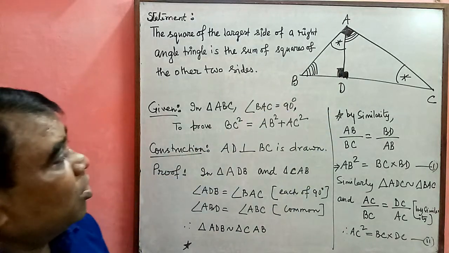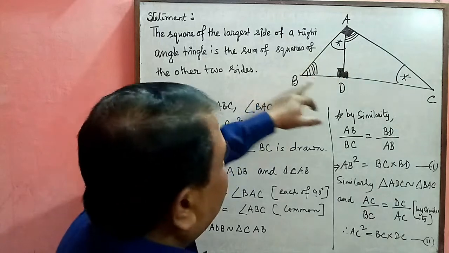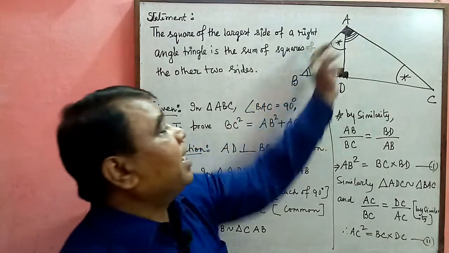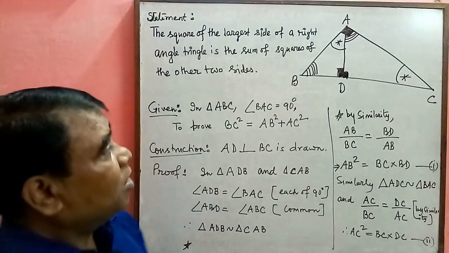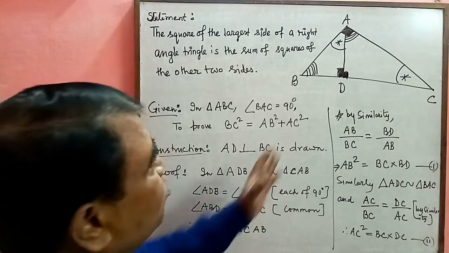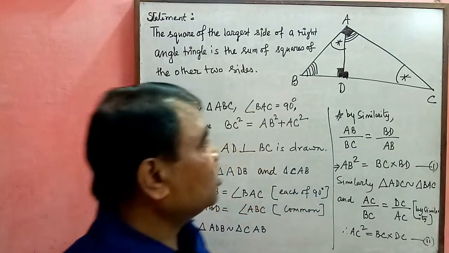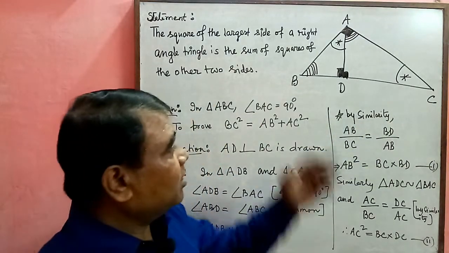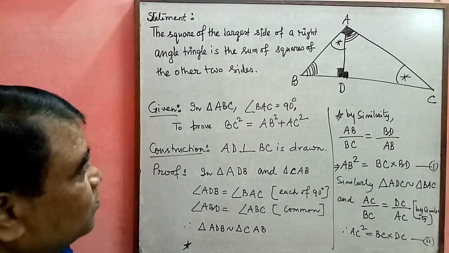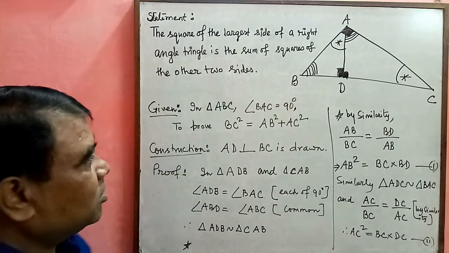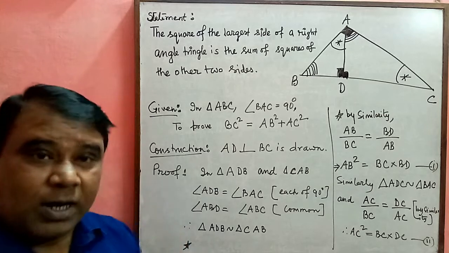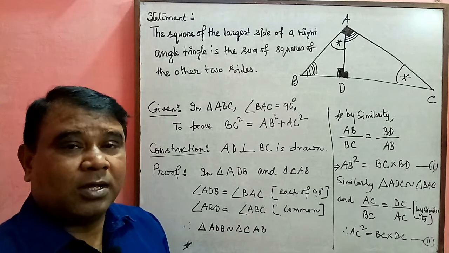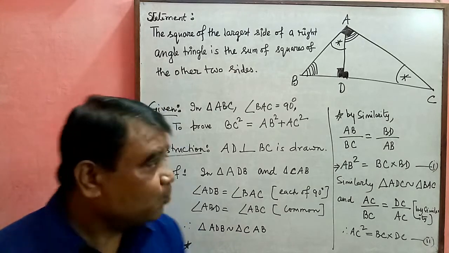Here we have three triangles: triangle ABD, triangle ACD, and triangle ABC. Two are smaller as compared to ABC, and one is ABC itself, in which there are two triangles ABD and ACD. These are smaller triangles. Here we will choose one smaller one and the triangle to which the smaller one belongs.